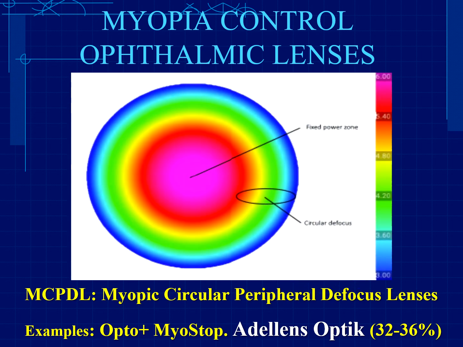According to different studies, the myopia control lenses, I mean MyoStop lenses, developed by Optoplus and Adel Optic lenses, are very acceptable, and can effectively control myopia in kids and children by up to 36%.